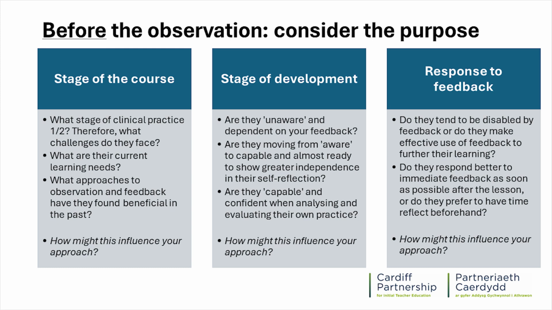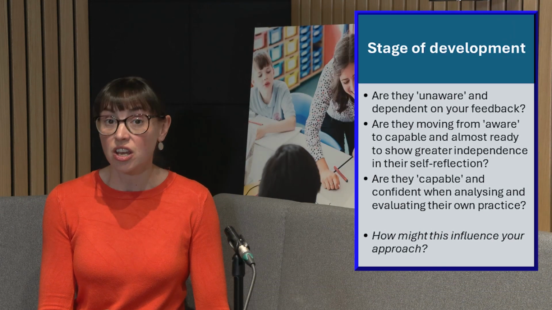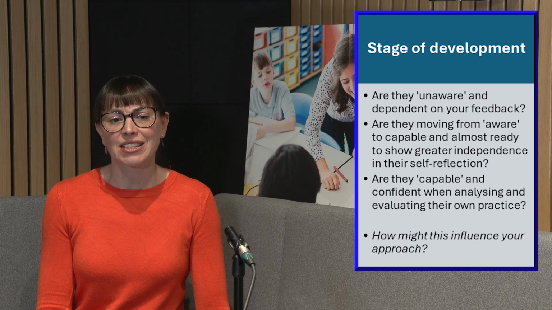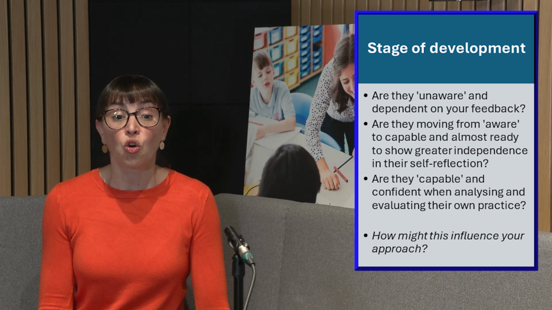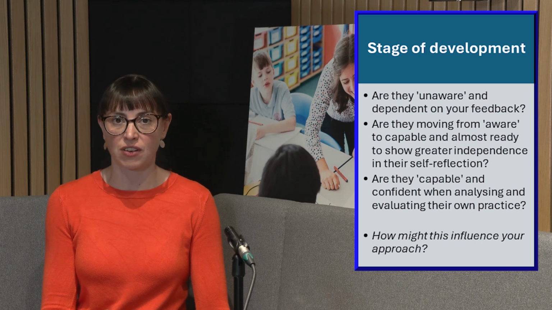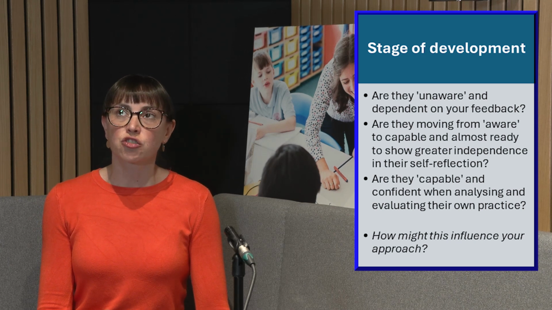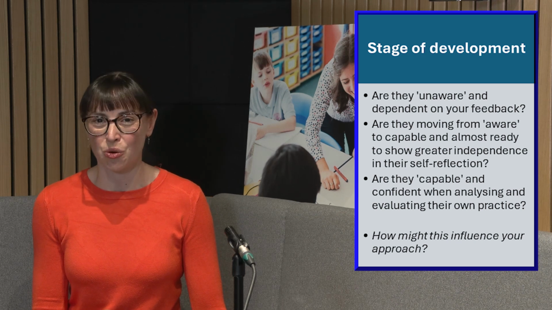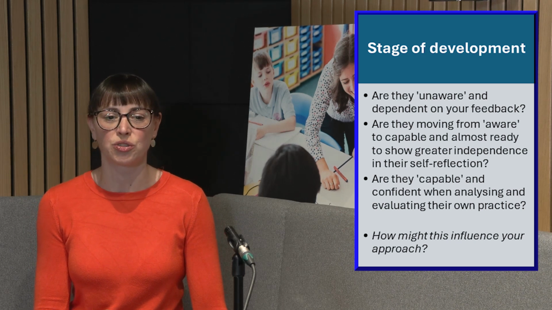Consider their stage of development. Are they currently at the unaware stage and therefore quite dependent on your feedback? Or are they moving from aware to capable and therefore almost ready to show greater independence in their self-reflection? Because you're hopefully trying to move them from this place of being quite dependent to being much more independent as they move towards capable.